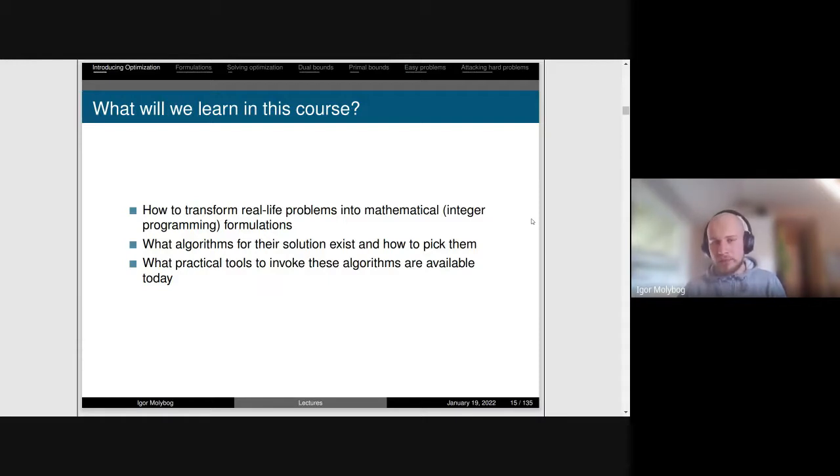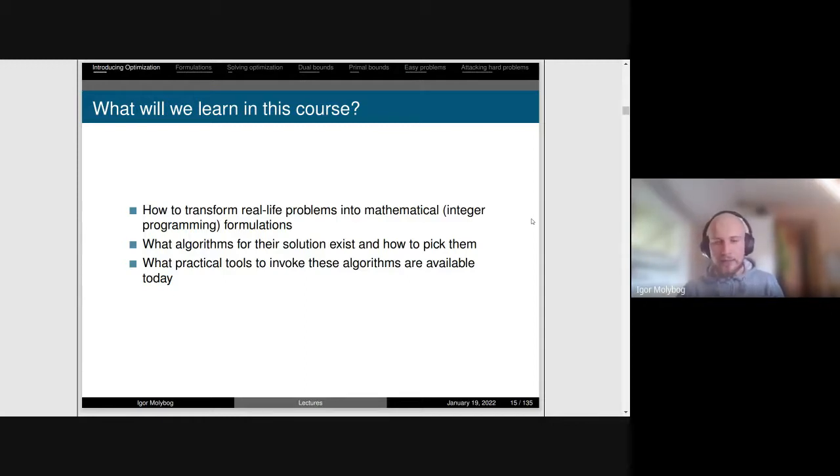We will start doing that on week 4. I will show you a couple of examples, and starting from there, you will solve integer programming problems with the algorithmic tools in your homeworks as well.